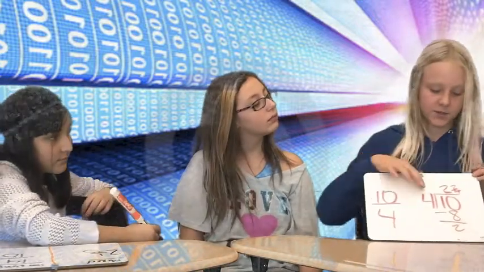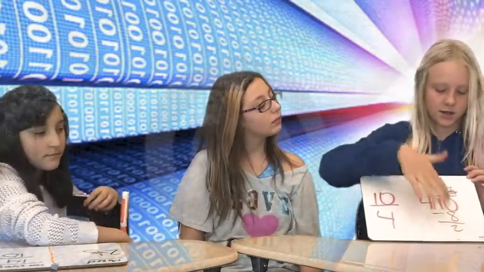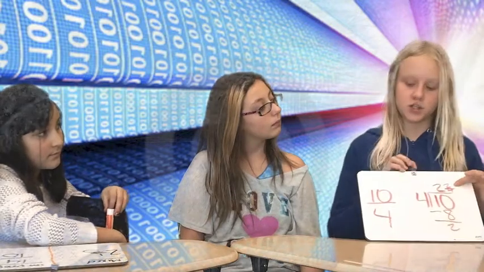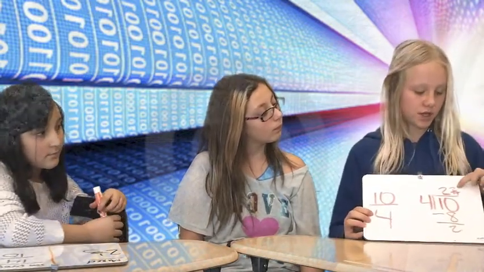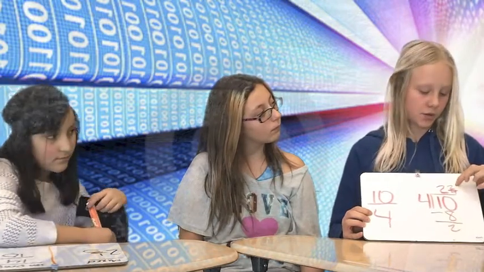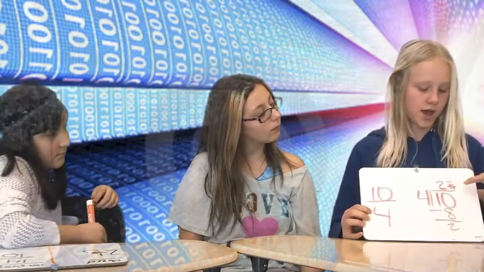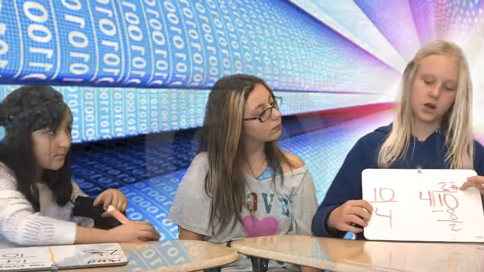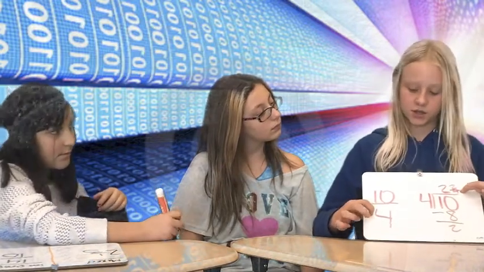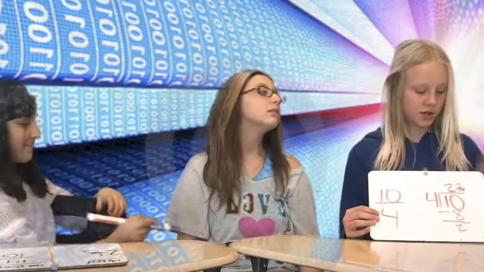For our problem, 4 goes into 10 this many times. The reason I put a fraction here was because 4 was on the bottom in the first place. So you put your remainder on the top as your numerator and your first denominator as your same denominator. So that would be 2 and 2/4.